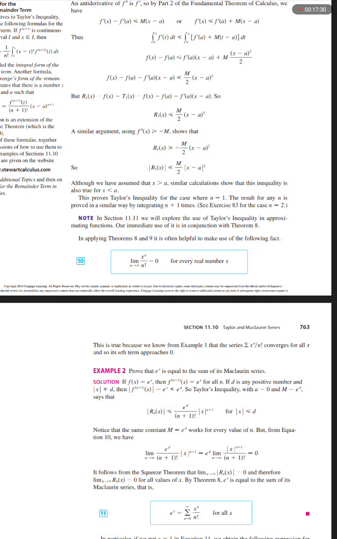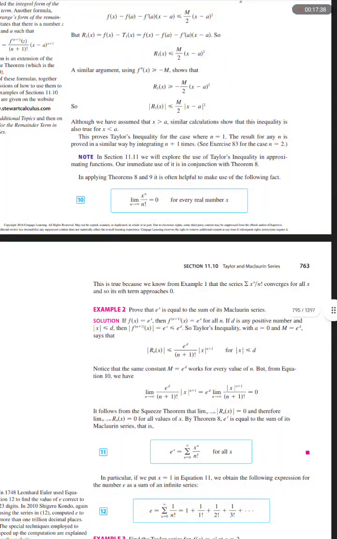This is true because we know from example 1 that the series, the sum of x to the power n over n factorial, converges for all x, and so its nth term approaches 0.